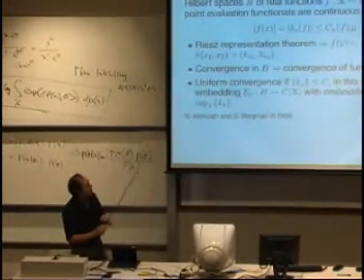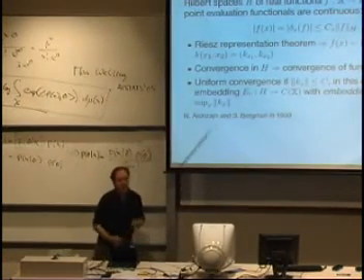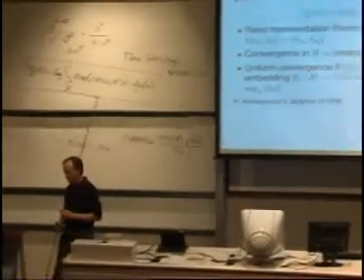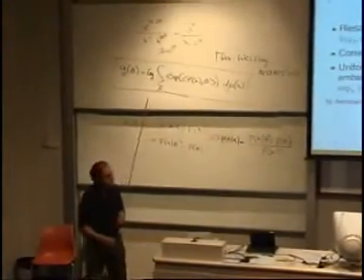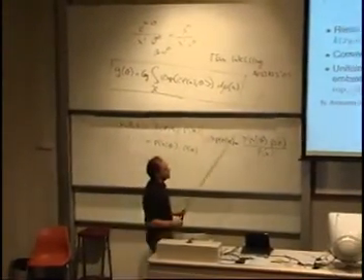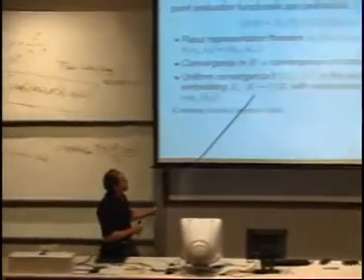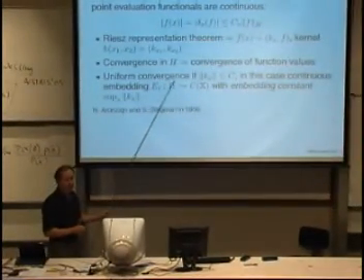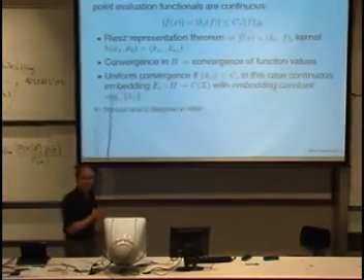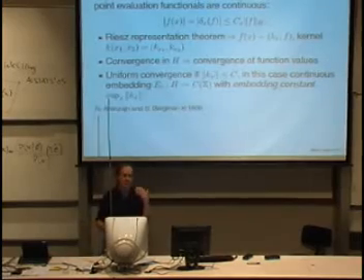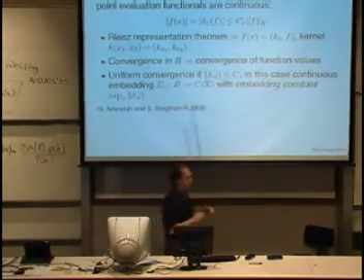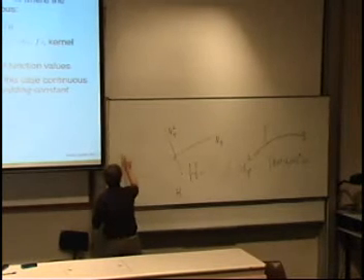And in this case, and I'll talk a little bit about embedding too, we have an embedding from our Hilbert space into the space C(X) of continuous functions, where the norm is the supremum norm. So the norm in that space is given by this thing here.